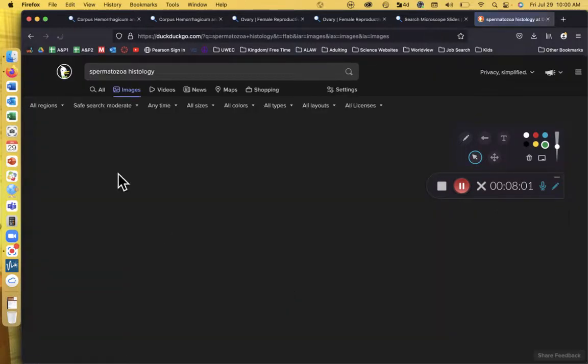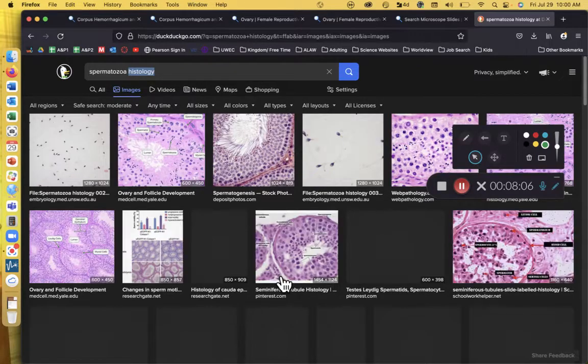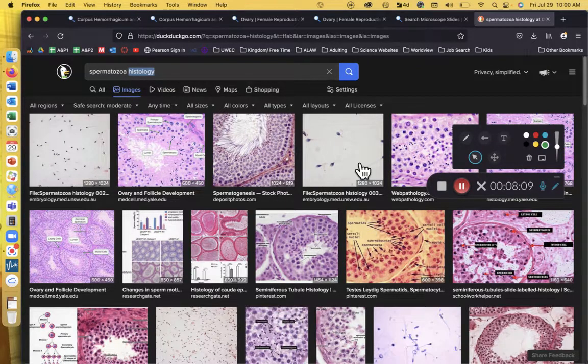When in doubt, you can always type the term you're looking for and "histology" into an image search engine, and you're going to get some great results.